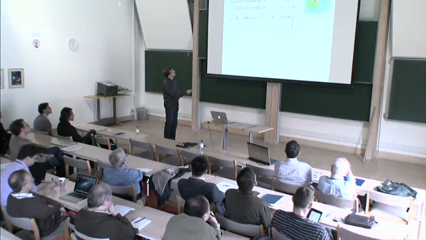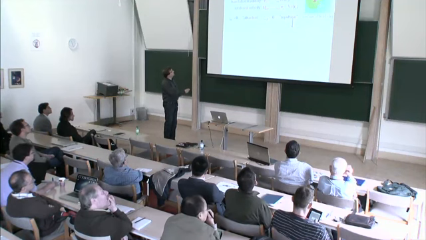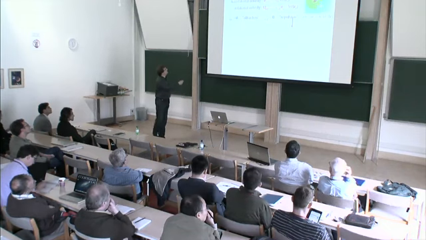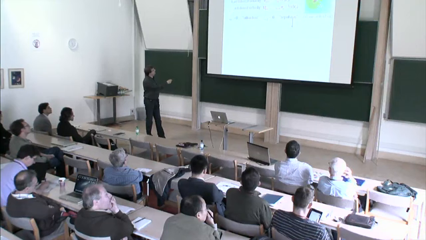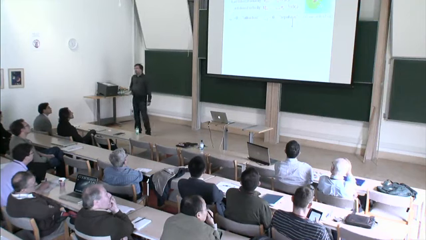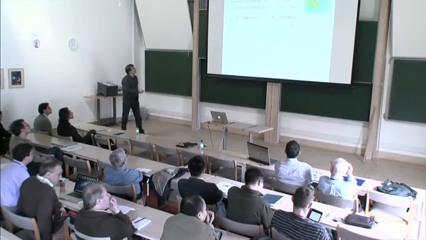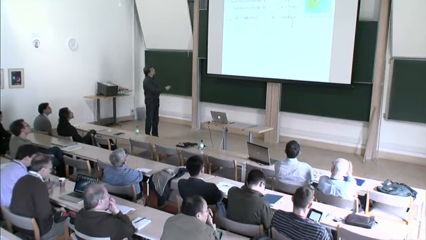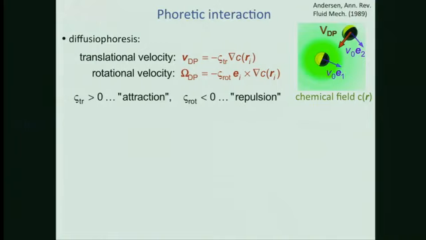So for example, this particle would move towards the other particle because we have a negative gradient here, if zeta trans, the chemotactic coupling constant, is positive. So you have some sort of attraction between the particles. On the other hand, we also know that we not only have the translational diffusiophoresis, we also have rotational diffusiophoresis.